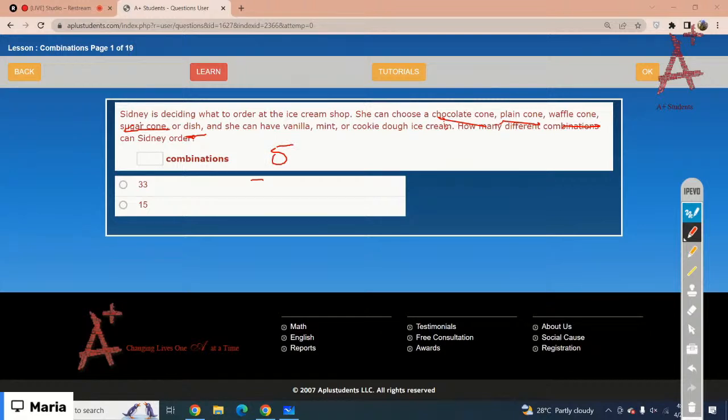And then you have three for the flavors: vanilla, mint, and cookie dough. So you need 5 times 3. That means the total options she has is 15. The correct option is 15.